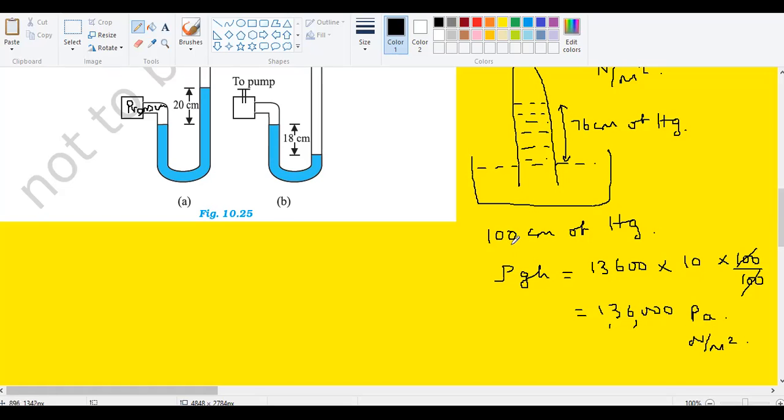Of course, this is nothing to do with this problem. I'm just trying to explain what they mean by 100 centimeter of mercury. So 100 centimeter of mercury is equivalent to 136,000 Pascal, or you can say 1.36 into 10 power 5 Pascal. This is called the scientific notation or standard notation.